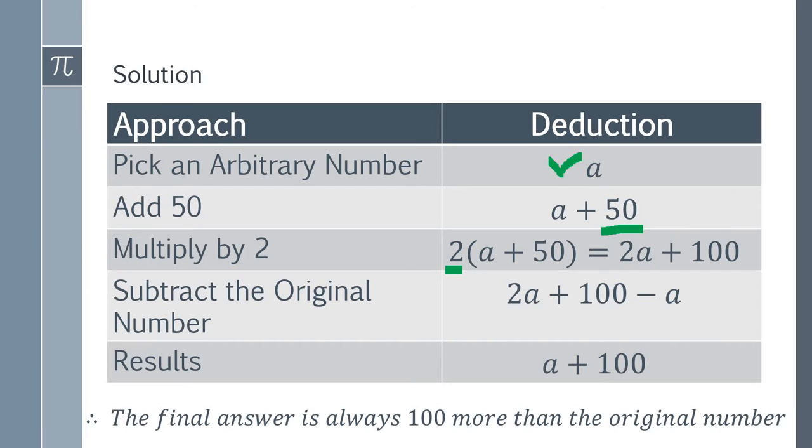So applying distributive property, 2 times a is 2a, and 2 times 50 is 100. So that gives us 2a plus 100, but we need to subtract the original number, which is a.